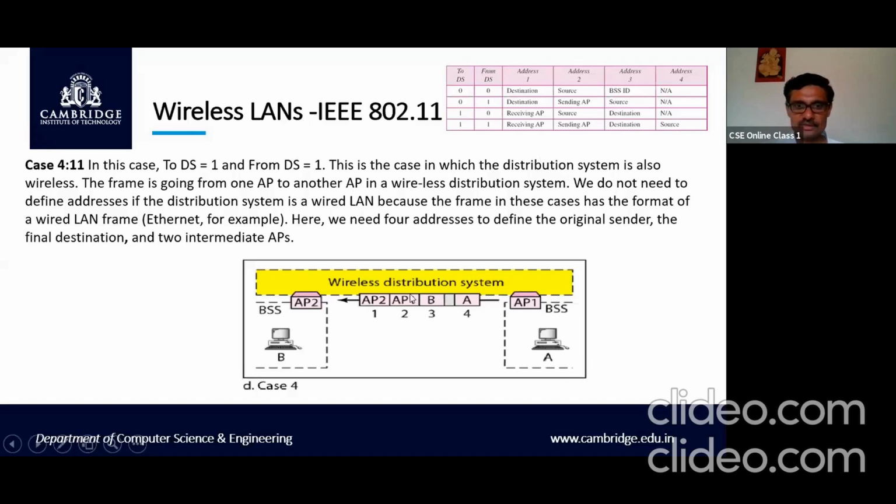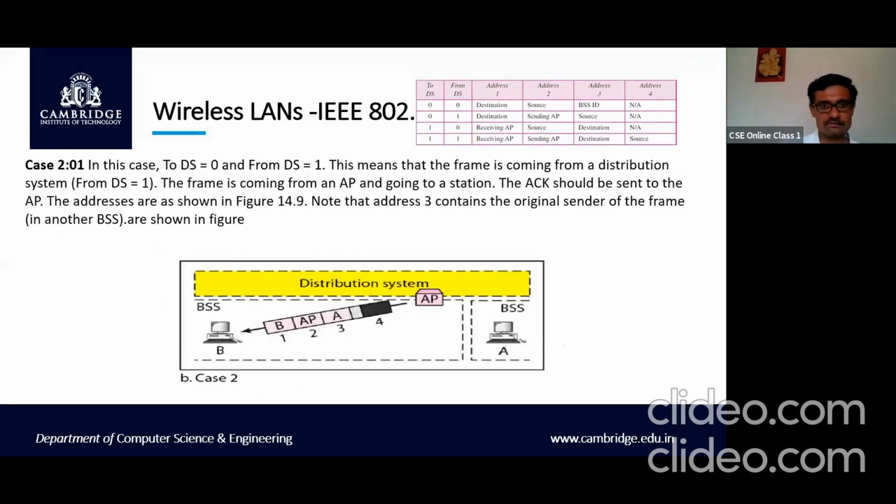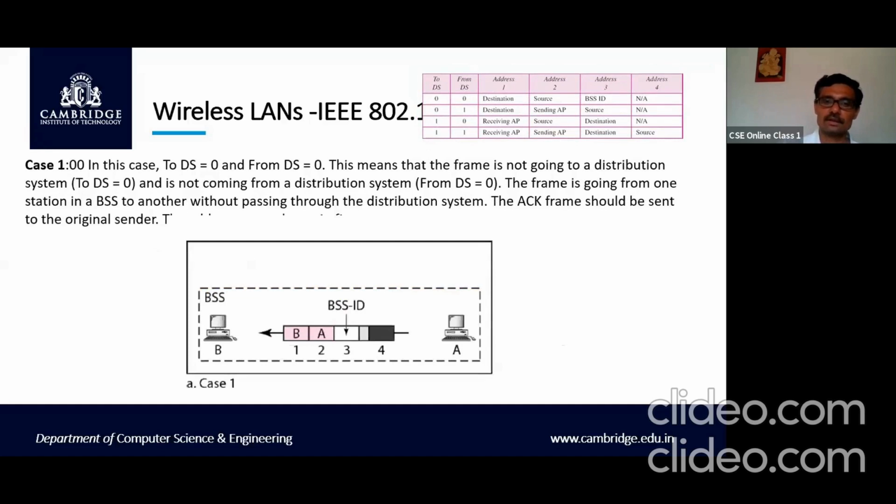AP1, so its address is here. Similarly, the receiving AP is AP2, and its address is in address field 1. So like that, these 2 bits differentiate the 4 cases, 4 different types of communications in our extended service set, or it may be BSS also, because the first case is BSS without an AP.